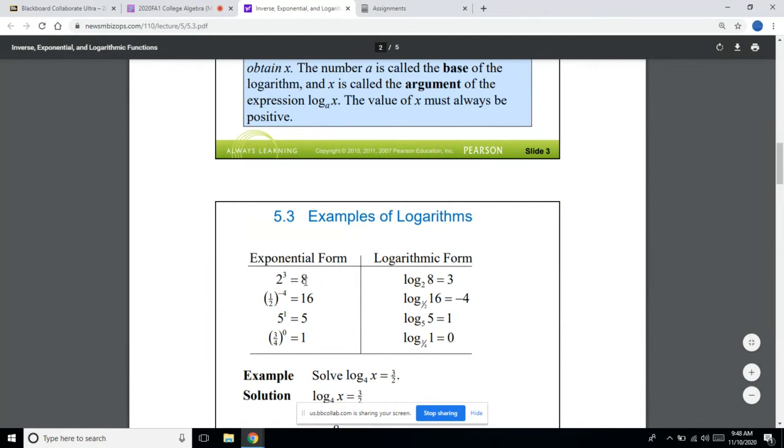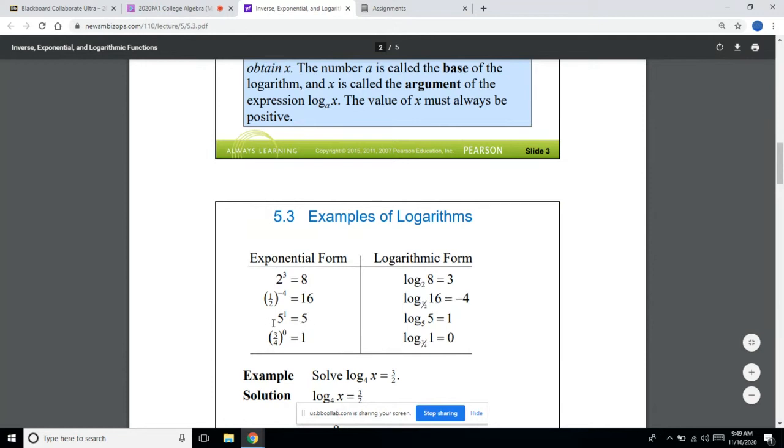Notice that 8 serves as the argument for my log. On the second example, we have this exponential function set equal to 16. 16 is the argument of the log once we convert it over.